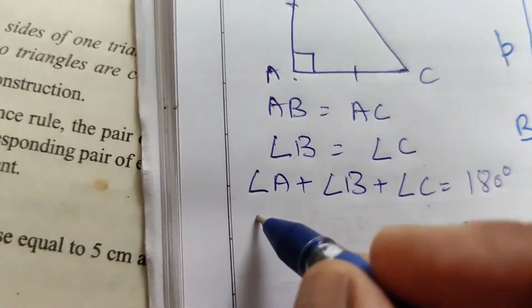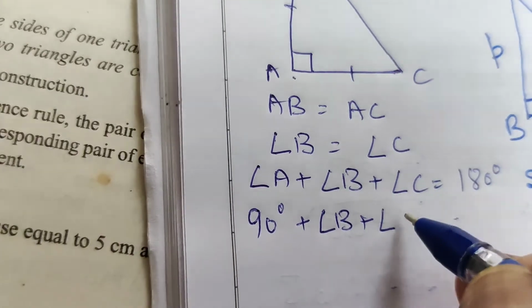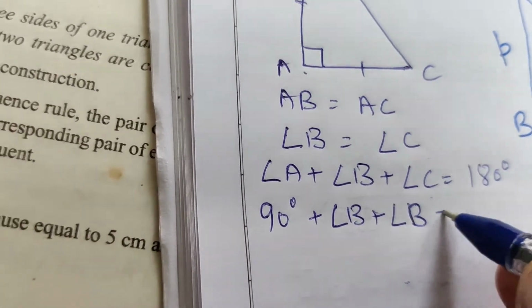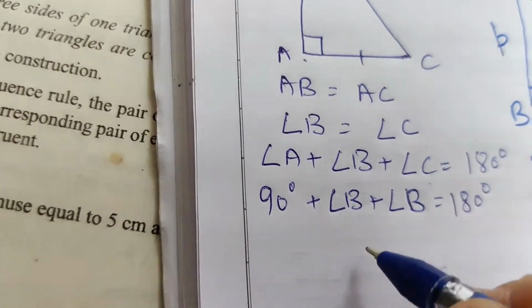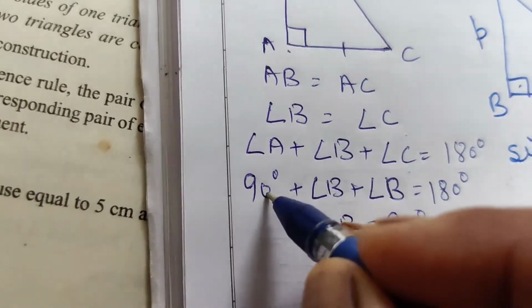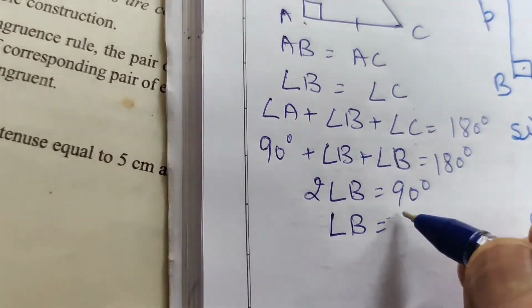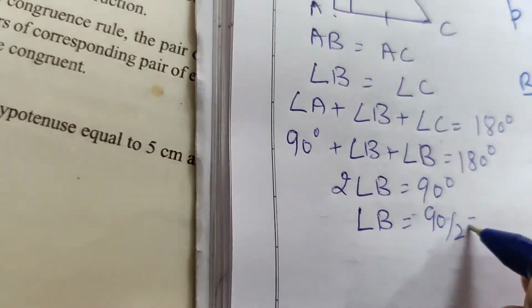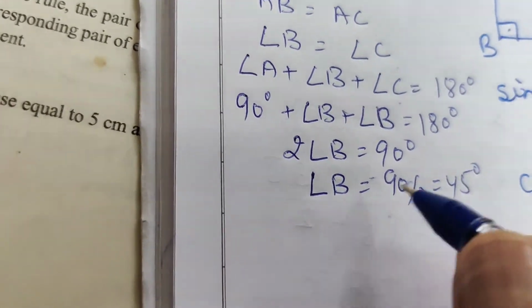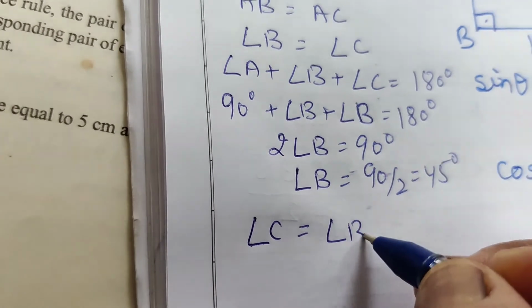Angle A equal to 90 degree and angle B and angle C are equal, so 2 times angle B equal to 180 minus 90, 90 degree, and angle B equal to 90 by 2, 45 degree. Similarly, angle C is also 45 degree.